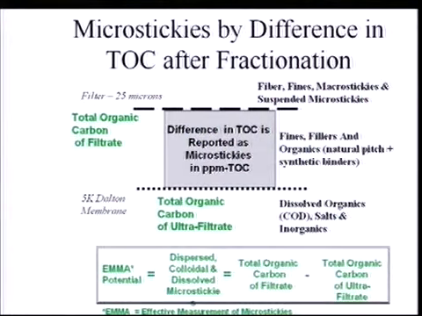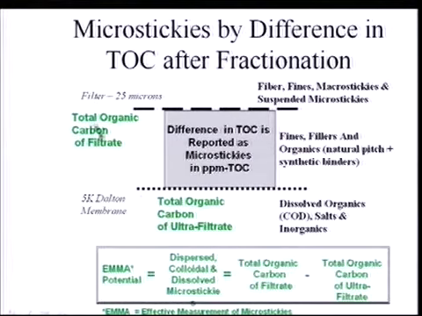So here is a graphic picture of how we measure the micro stickies by the IPST method using total organic carbon. We basically go through the filtration process using a 25 micron filter, measure total organic carbon, and filter it again through a 5000 molecular weight cutoff ultrafiltration membrane and measure the total organic carbon.